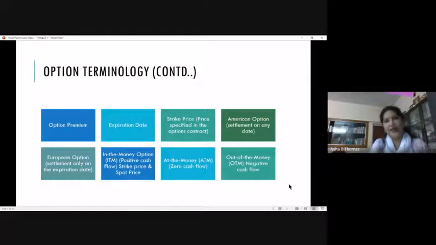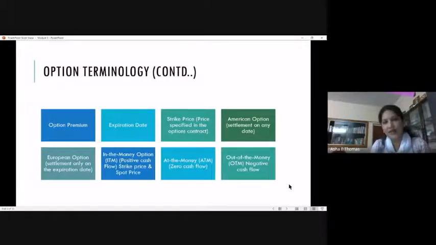At the money. You have the right to purchase at 2,350, and the price prevailing in the market is also 2,350. Zero cash. If you have paid a premium, yes, I'm coming to that, you have to adjust that also.